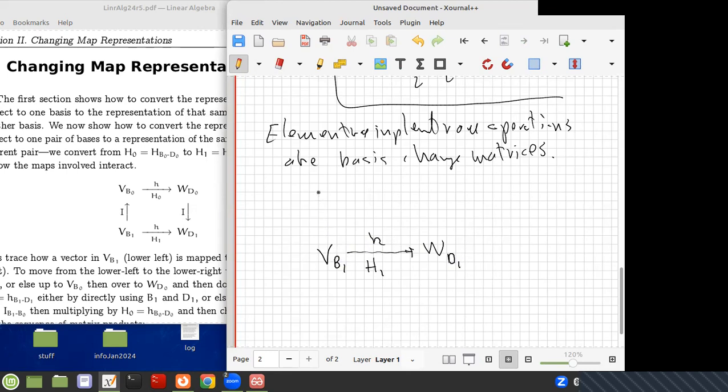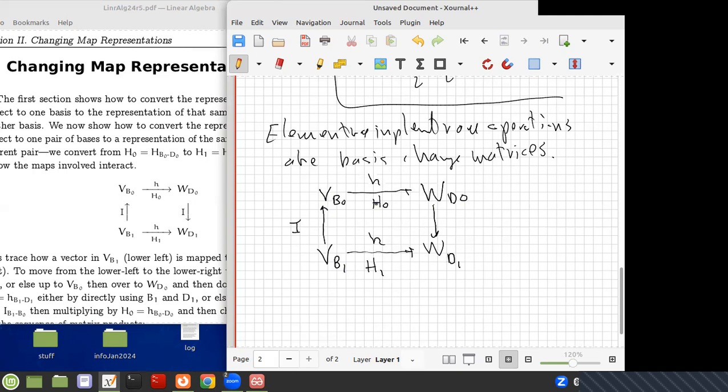But what happens if there's a second way, which is, let's say we have a second basis for V. Well, there's an identity map that takes V from B1 to B0. And we can also take W with its map and see that between V and W, I have the same map, but a different representation, because this is the representation between B1 and D1.